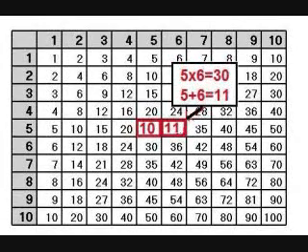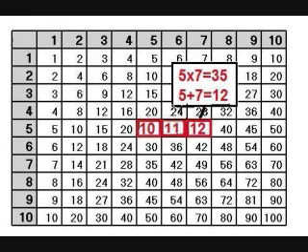Moving to the right, we come to 5 times 6 equals 30. Again, let's substitute for the 30 the sum of 5 and 6, which is 11. Moving again to the right, we come to 5 times 7 equals 35. The sum of 5 and 7 is 12.